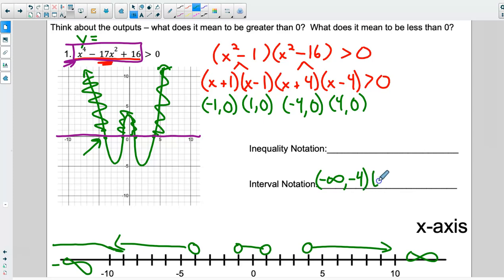So I'm going to have this little u, and then I deal with this. So this is from -1 to +1. And then I have a break, so to signify that, I put a u. Not an actual U. I don't want you to put the little tail on it. Just a little curve. Looks like a parabola almost. And then our last thing is just going to be 4 all the way to infinity.